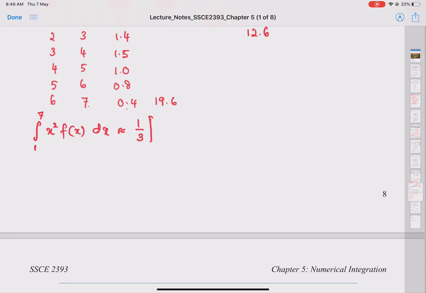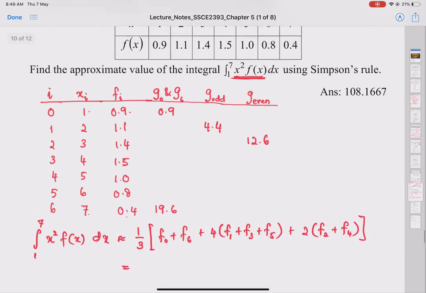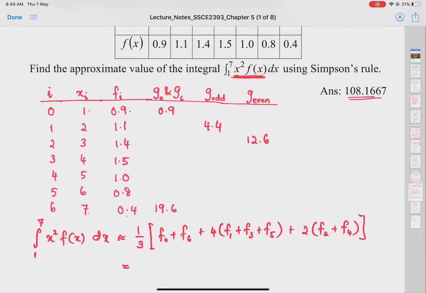Then the summation of f0 plus f6 plus 4 multiplied by f1, f3, f5, plus 2 multiplied by f2 plus f4. Okay, and then after that you can get the answer. The answer is given here, 108.1667.